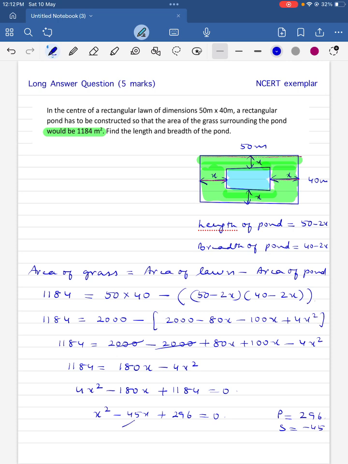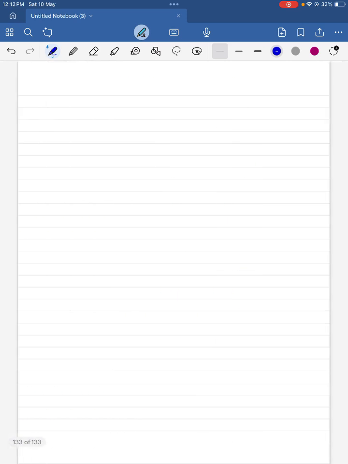So x squared minus 37x minus 8x plus 296 is equal to 0. I could take x common from the first two terms: x into x minus 37 minus 8 into x minus 37 is equal to 0, which is x minus 37 times x minus 8 equal to 0, which would give me two values for x as 37 and 8.